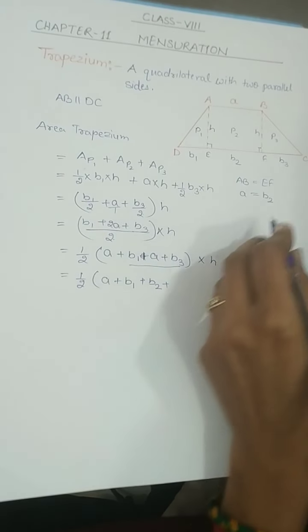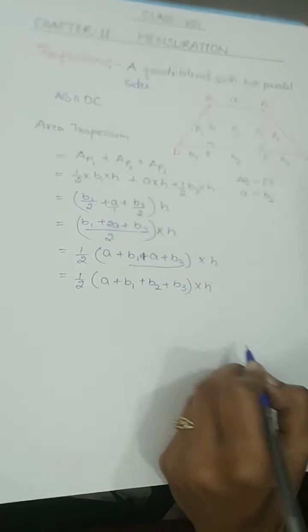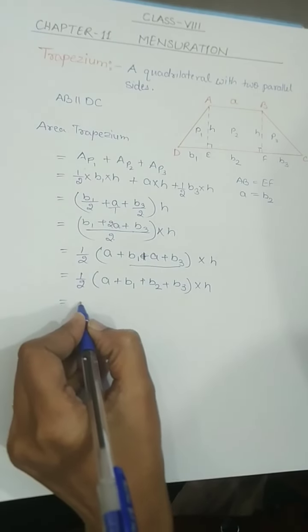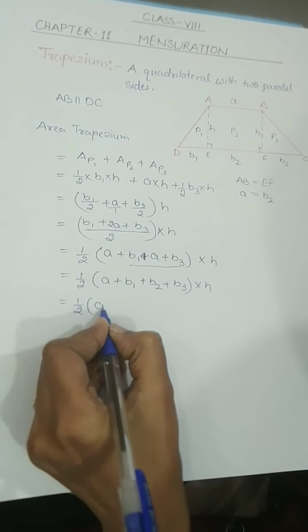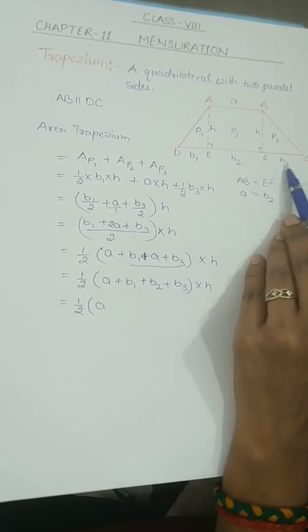Then plus B3, into H, is equal to 1 by 2. Here we have B1, B2, B3.